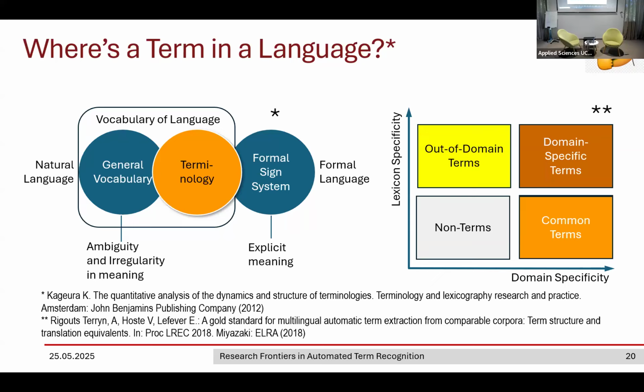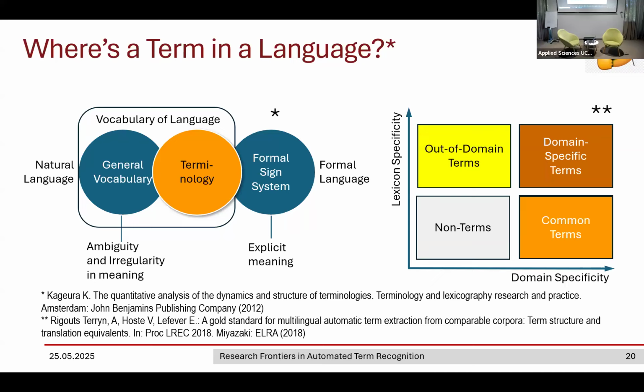So this stuff has explicit meaning. This stuff does not have explicit meaning, and the vocabulary, mainly the general vocabulary, is characterized by being ambiguous, irregular in meanings, and not really precise in terms of being formal and explicit.